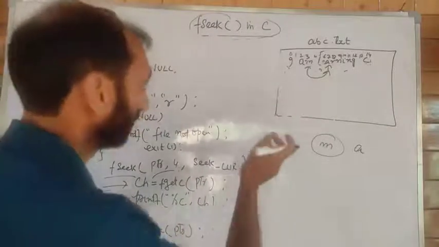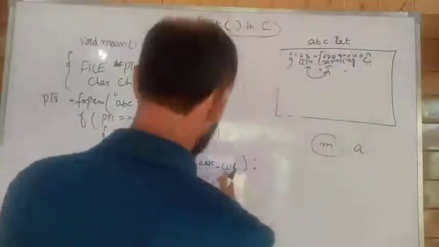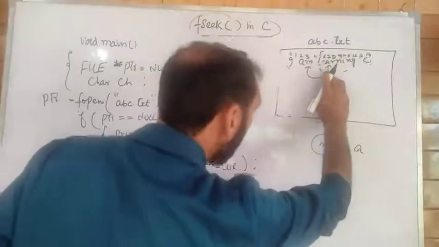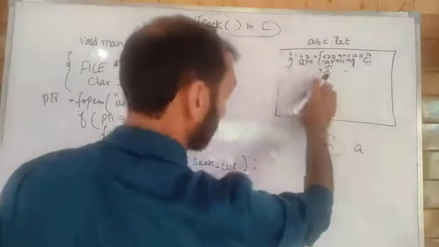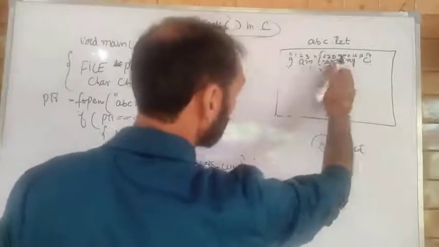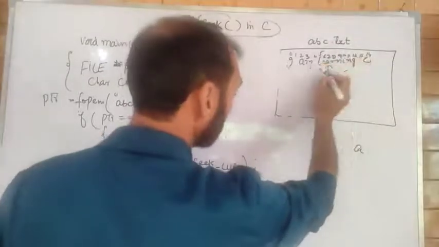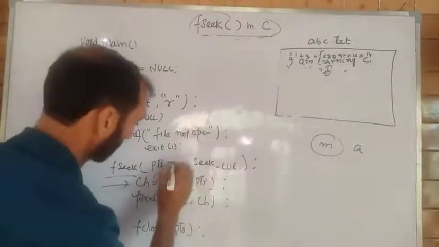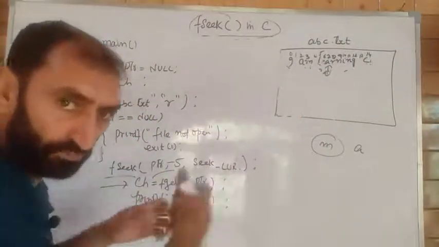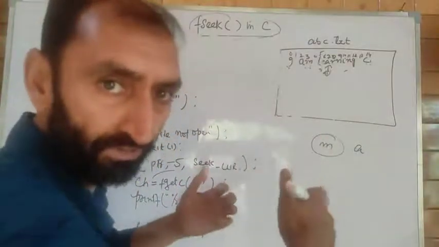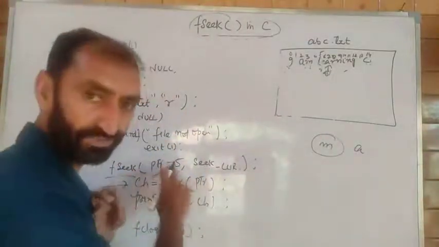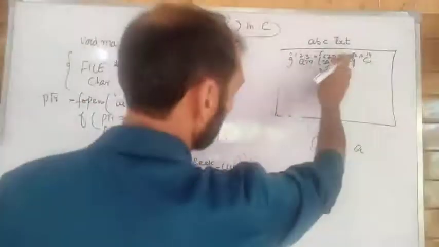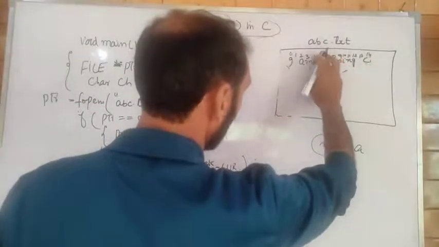Now for example, we want to move the cursor 5 places backward from the current position. At present the cursor is at A, and we want to move it 5 places backward. What can we write here? We can specify -5. In order to move the cursor backwards, we have to show the offset as a negative number. So we want to move it 5 places left: 1, 2, 3, 4, and 5.